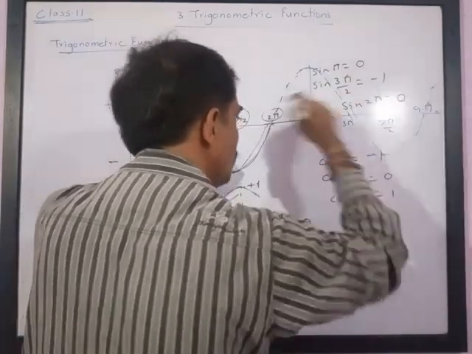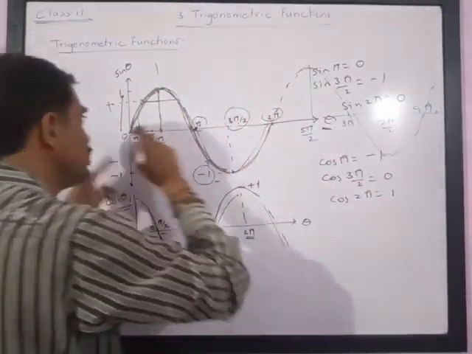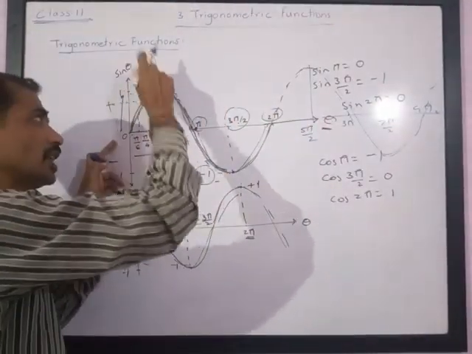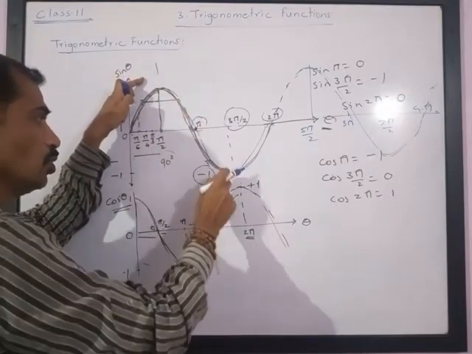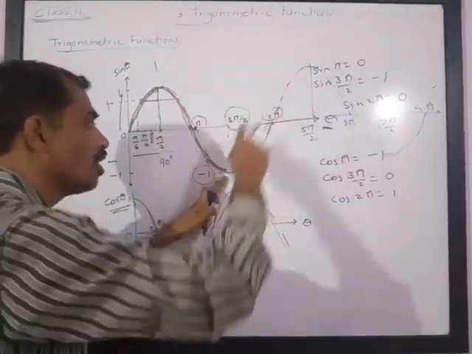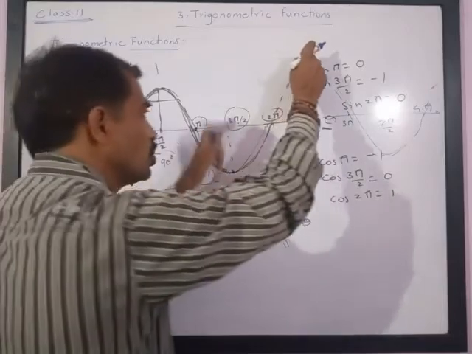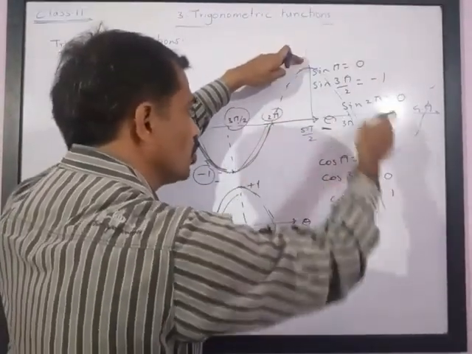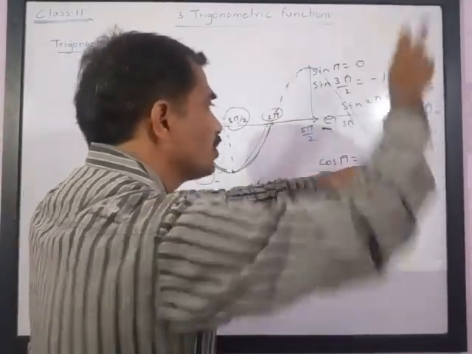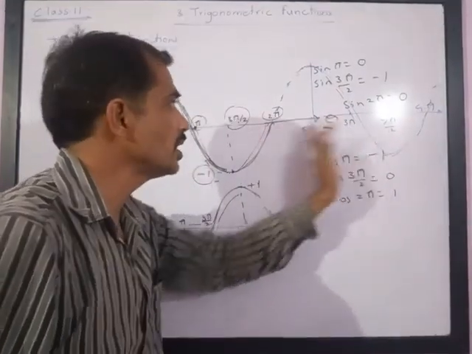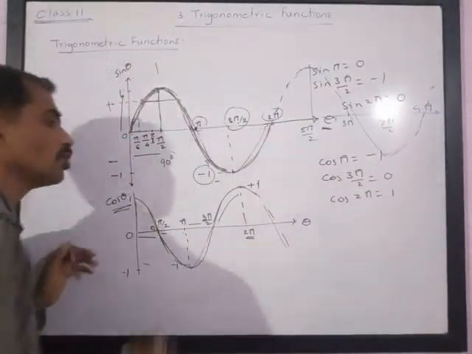The values will increase from 0 to 1, then decrease from 1 to 0 to negative 1, again increase from negative 1 to 0 to positive 1, again decrease from positive 1 to negative 1, again increase from negative 1 to positive 1, and this curve goes on further. The cos curve also goes like this.